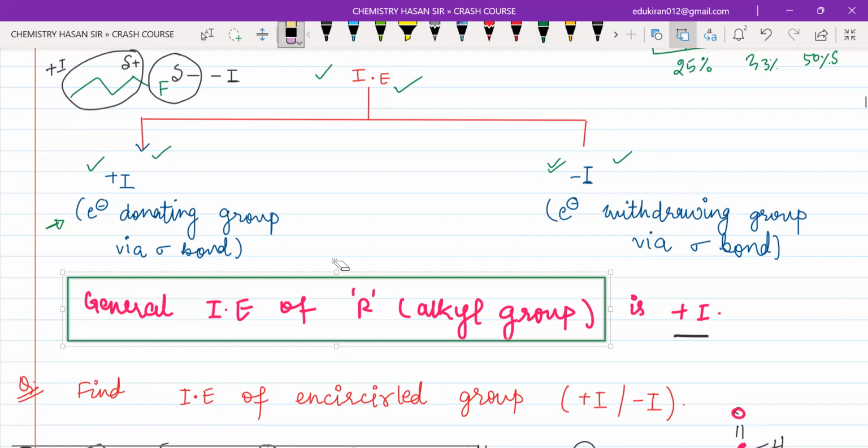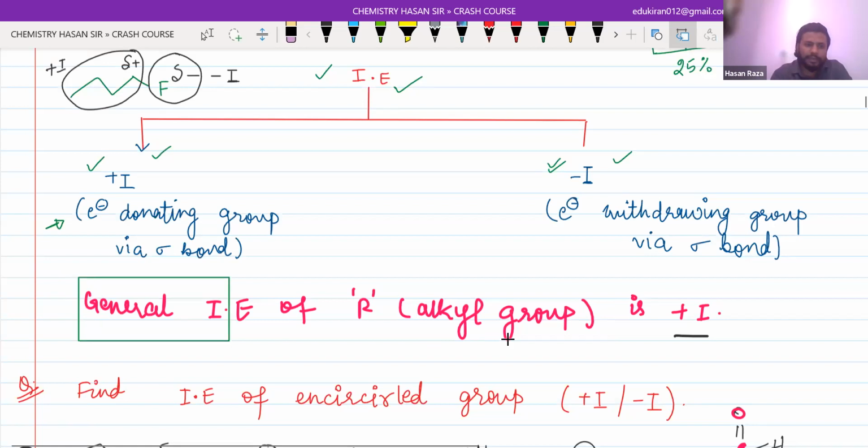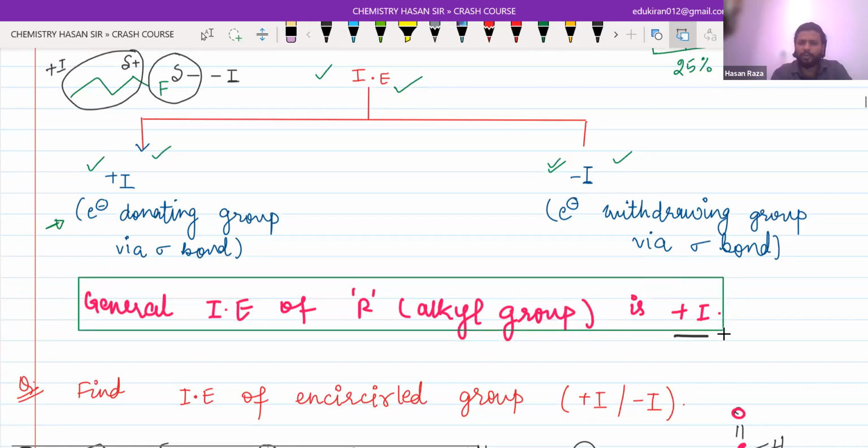Yes, sir. Now the next point, which is very important: the alkyl group. Alkyl group is basically methyl, ethyl, propyl, butyl. All these alkyl groups have a tendency to donate electron.